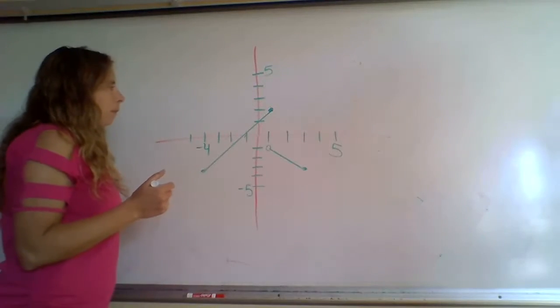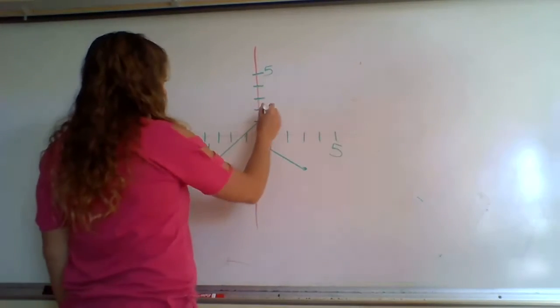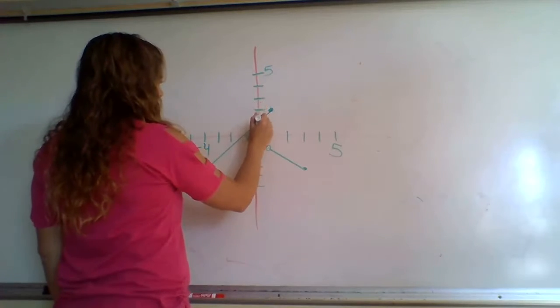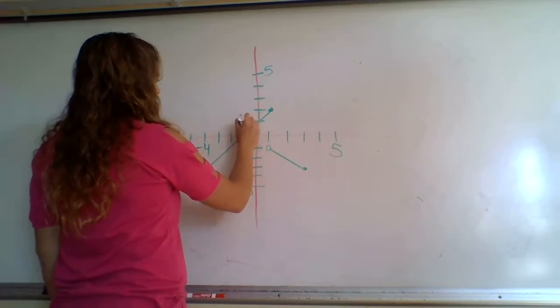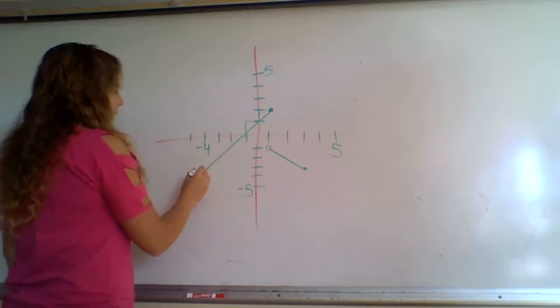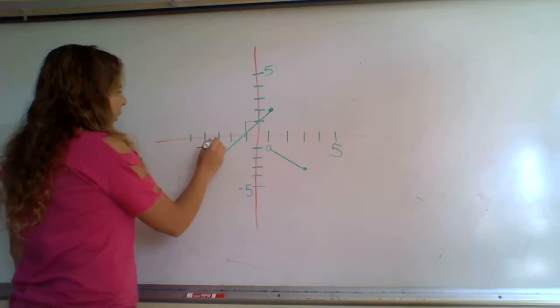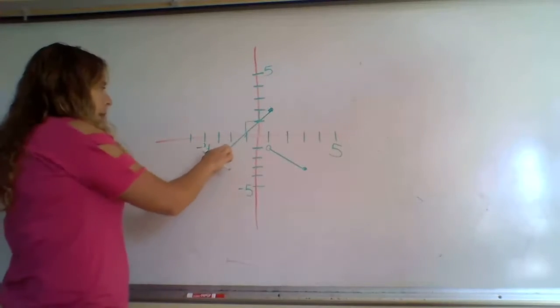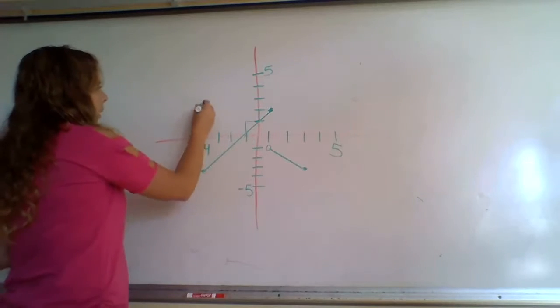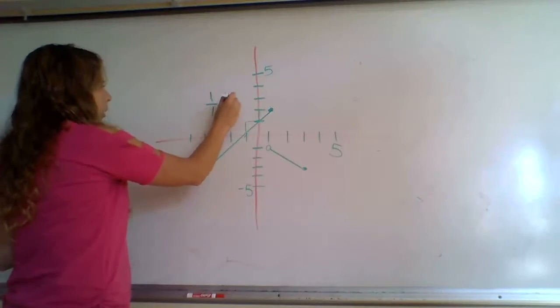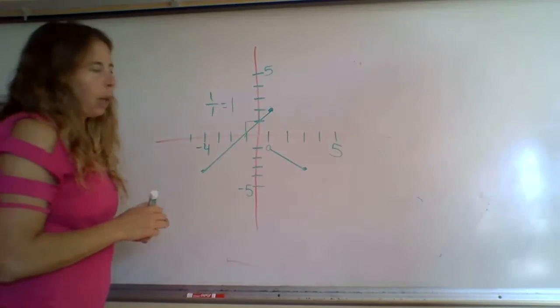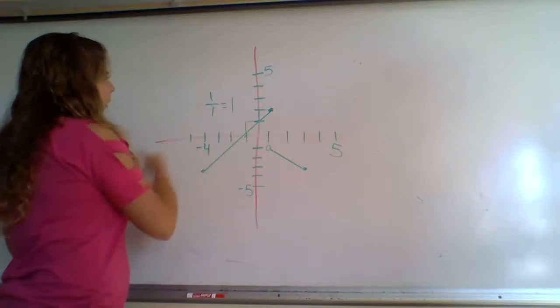It is going over 1, down 1, over 1, down 1. Well, I guess I should be going this way. Up 1, over 1, up 1, over 1. So it's a positive slope. Your slope is 1 over 1, which is just 1.